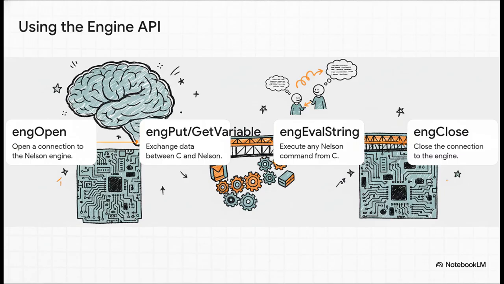Step 2, you start exchanging data, passing variables back and forth with engPutVariable and engGetVariable. Easy enough. But step 3, that's where the real magic happens. With engEvalString, you can literally tell Nelson to run any command you want right from your C code. It's like having a Nelson command line inside your C program. And finally, step 4, you just say goodbye with engClose. That's it. It's that straightforward to wire Nelson's power right into your own apps.